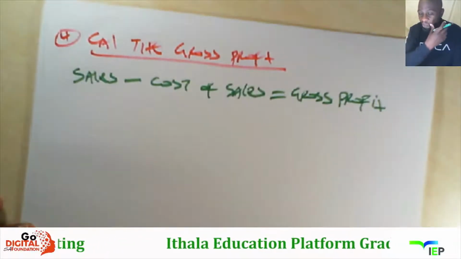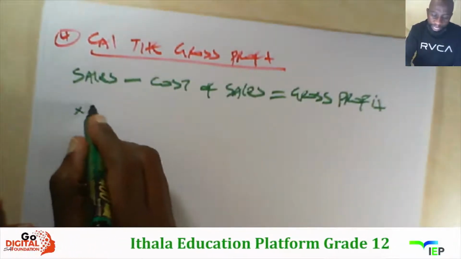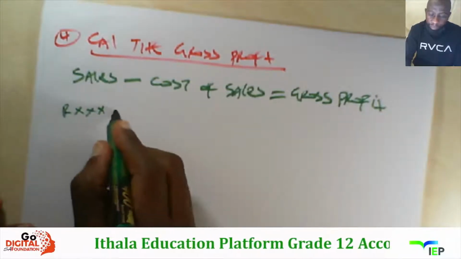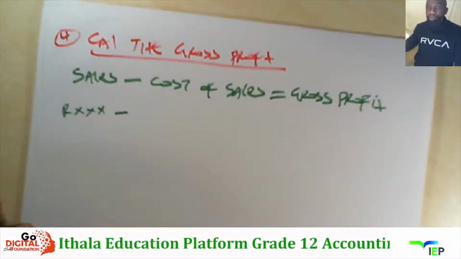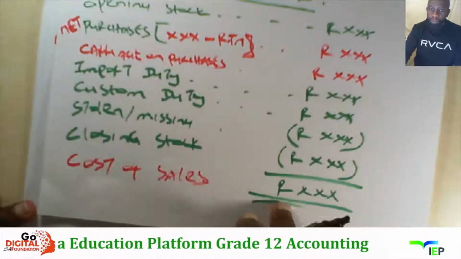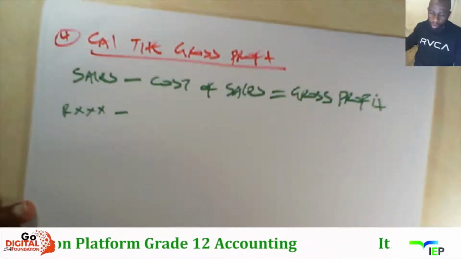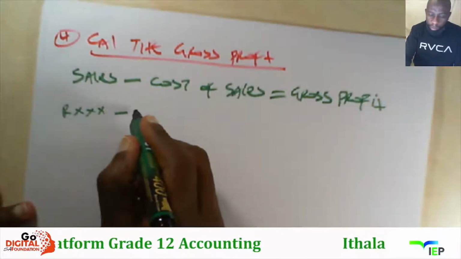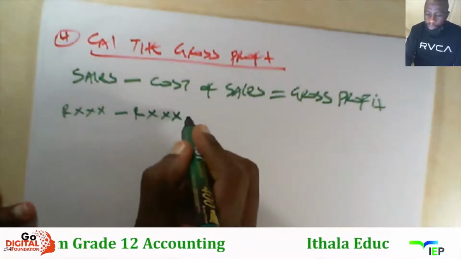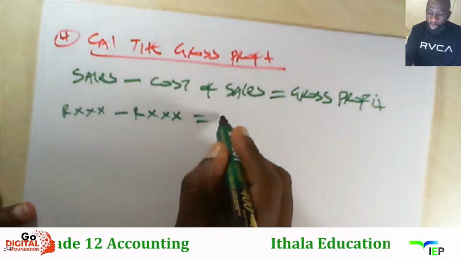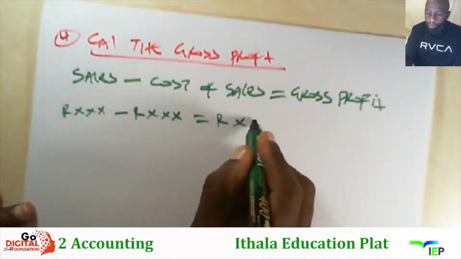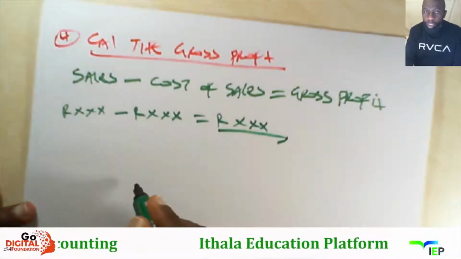So you record the figure of the sales amount minus the cost of sales that you calculated above. Minus the figure of the cost of sales is equal to a gross profit. You get the gross profit amount.